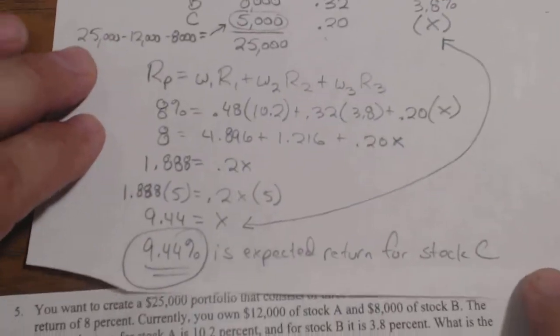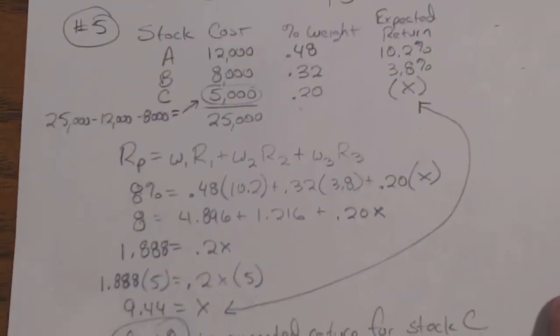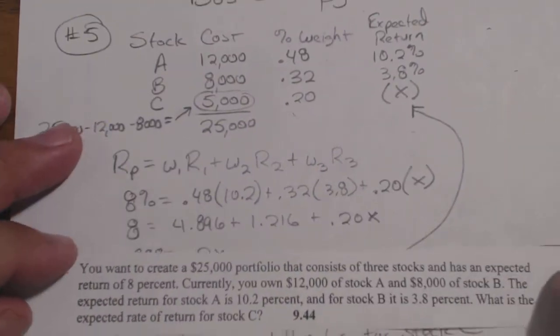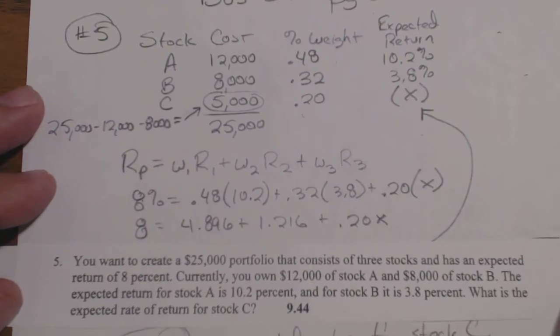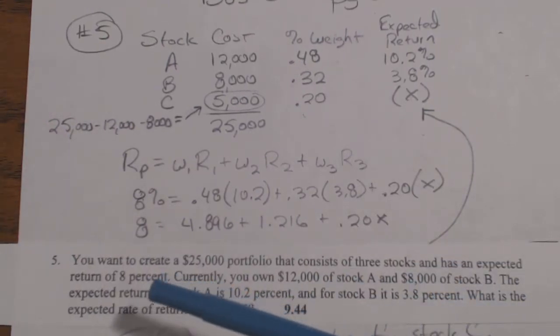Okay, we'll do problem number 5. You want to create a $25,000 portfolio that consists of 3 stocks and has an expected return of 8%.